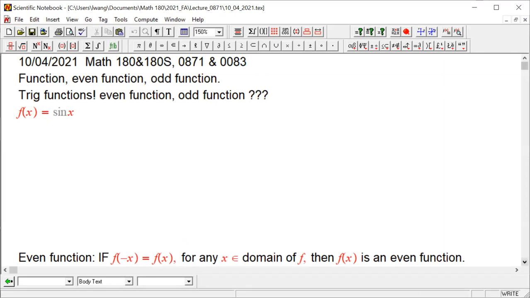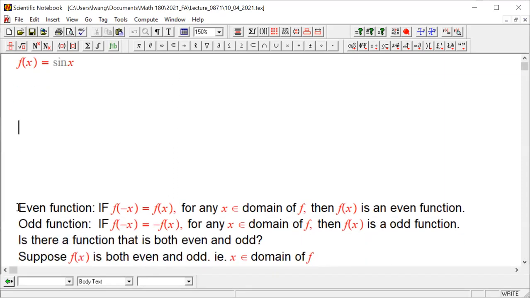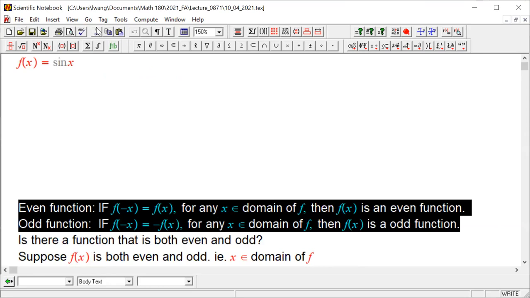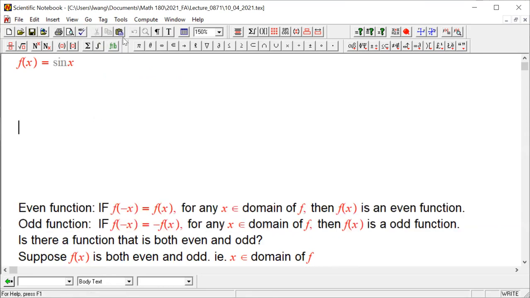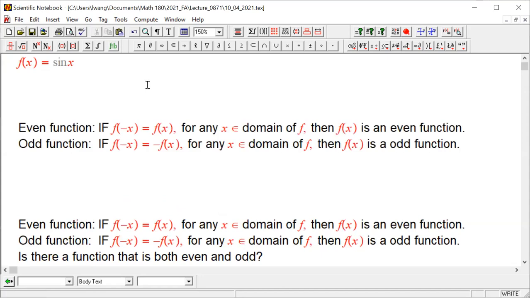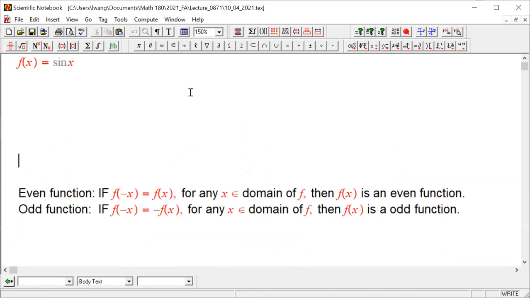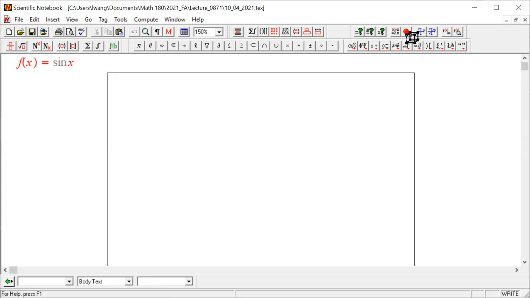I also want to use this opportunity to review ARD. By this time, we have covered ARD many, many times, right? There are two ways you can look at even odd properties. One is from the graph, which we already did, and the other is from the unit circle.